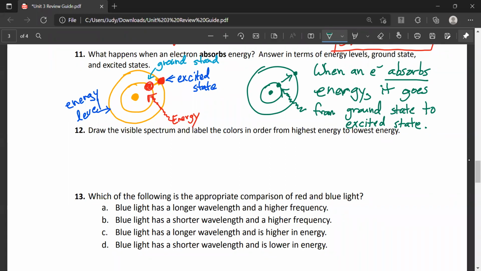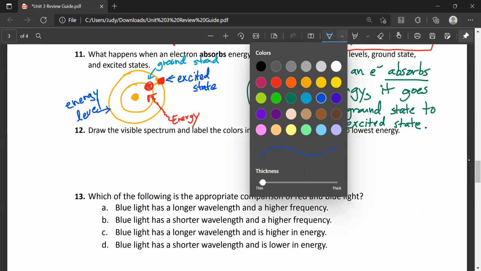Now, moving along to number 12, it says, draw the visible spectrum and label the colors in order from highest energy to the lowest energy. How in the world am I going to do this? Well, first thing first, we know the ROY G BIV that you guys have learned since elementary school.